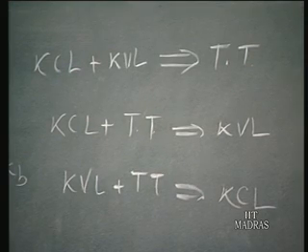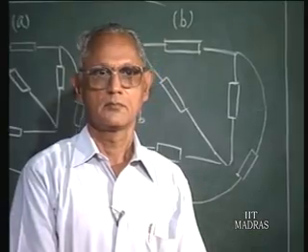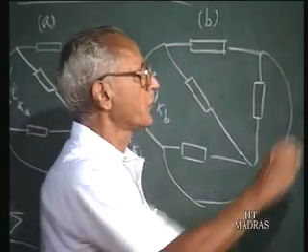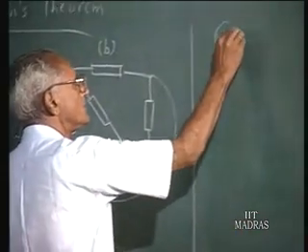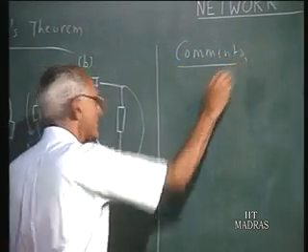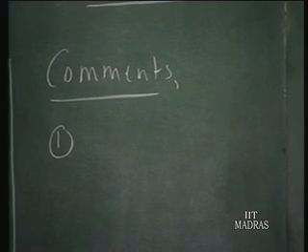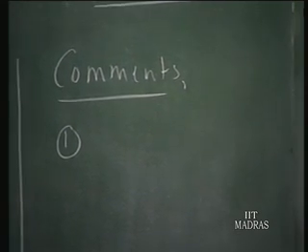A few comments before we take up some examples. A few comments on Tellegen's theorem, comments or amplifications of this. It is possible that A and B may be the same network.